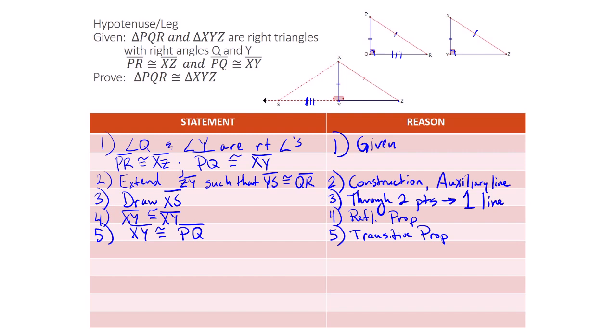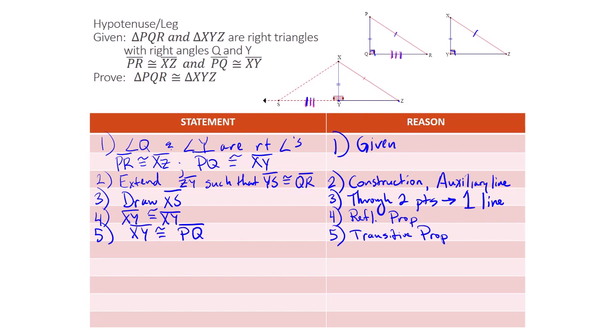So now we have these two parts congruent in this triangle and this triangle. So we have the two legs congruent, and now let's try to get at this angle here. Okay, so in the picture we can see it's a right angle, but do we really know that it's a right angle?